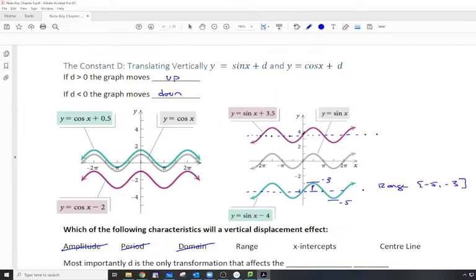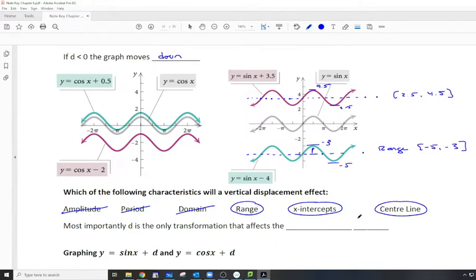Well, you've got the center line at 3.5, and then we go up 1, so it's going as high as 4.5, and it's going as low as 2.5. So when the amplitude is 1, and you've got your center line moved up 3.5, this one has a range of 2.5 up to 4.5. So it definitely affects the range, and it definitely affects the center line, and it definitely affects the x-intercepts.